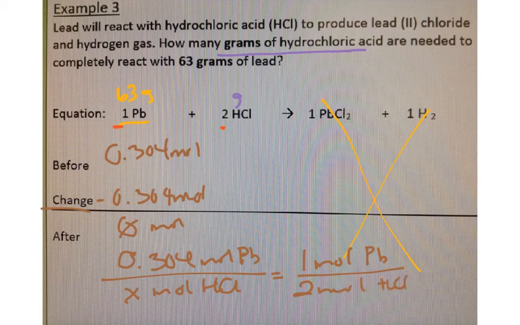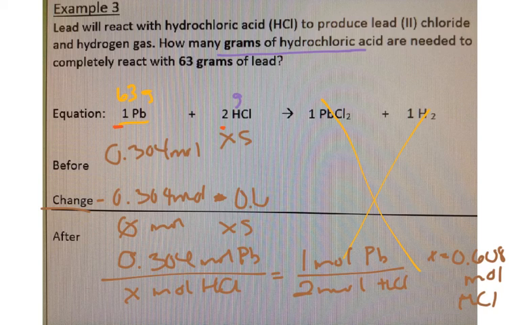When you cross multiply, if you use 0.304 moles of lead, you would need 0.608 moles of hydrochloric acid. I'm going to assume that I end with excess, but what I do know is that I needed to use, so it should be a subtraction, 0.608 moles of hydrochloric acid if I used up that 0.304 moles of lead.